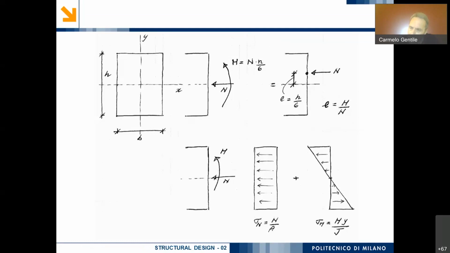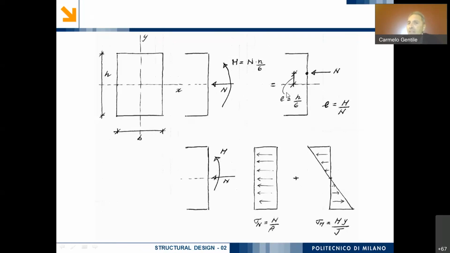Generally, it is possible to express the combination of an axial force and a bending moment as just an axial force which is not applied at the center of our cross section, but at a certain distance from the center.